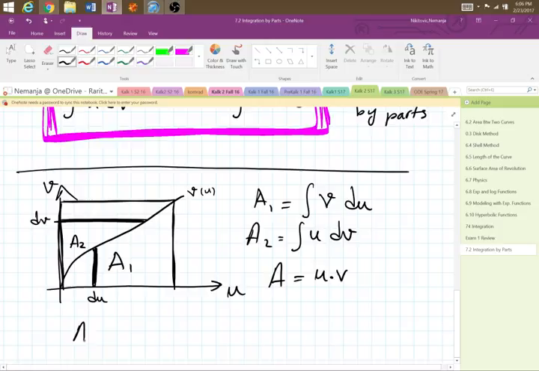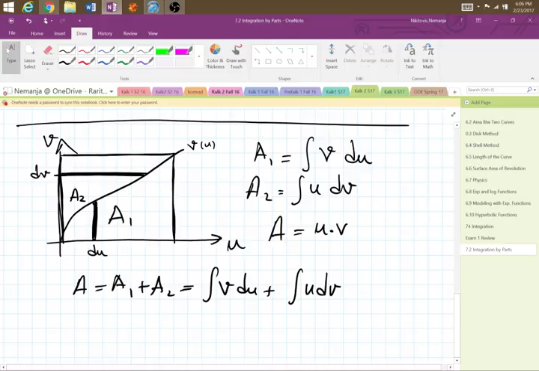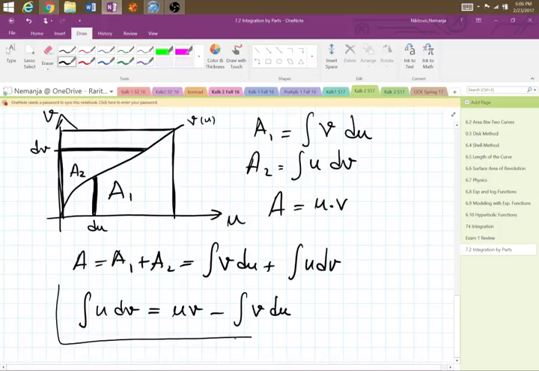And we see that area is equal to area 1 plus area 2, which is integral of v du plus integral of u dv, which leads to our formula eventually that integral of u dv is equal to uv minus integral of v du. So this would be some kind of graphical approach to the proof. And we just derived this. So integration by parts, it's backward product rule.